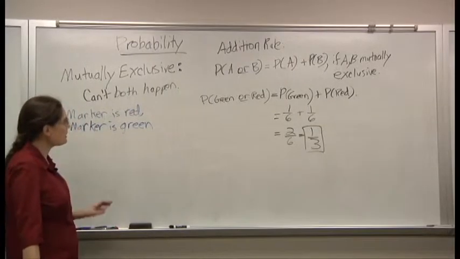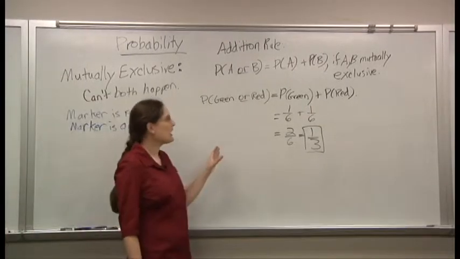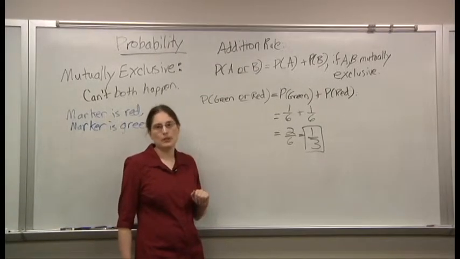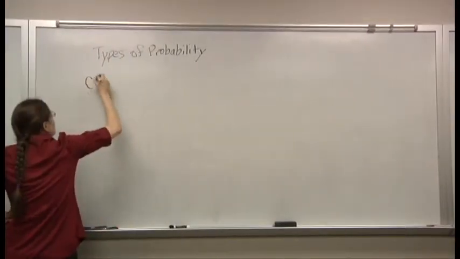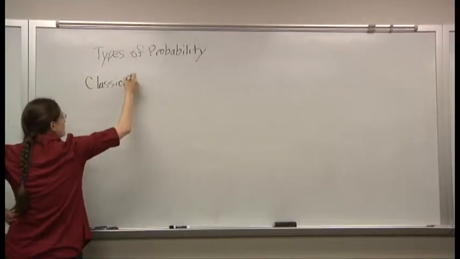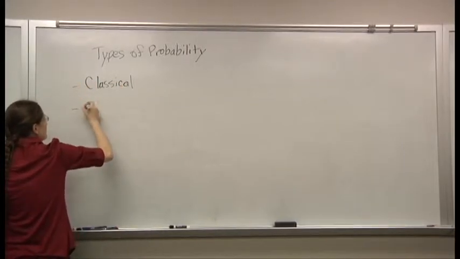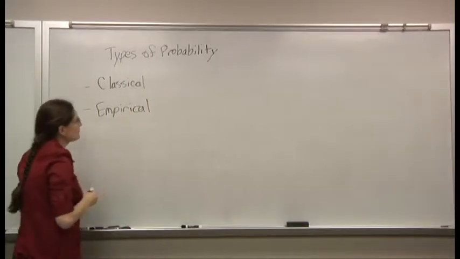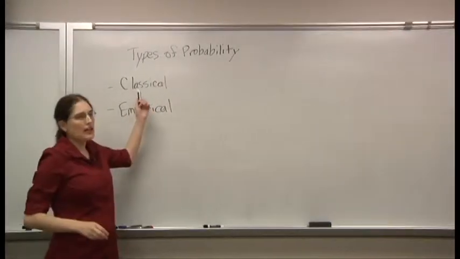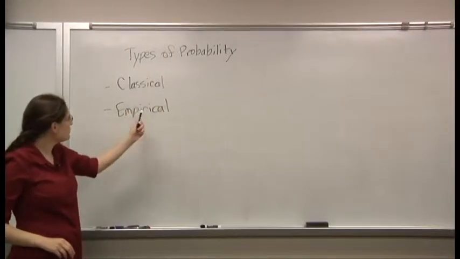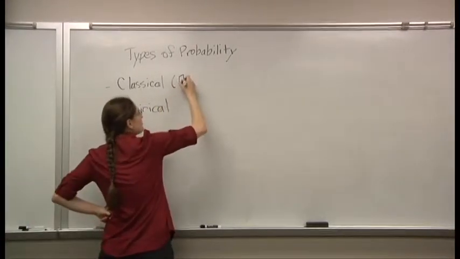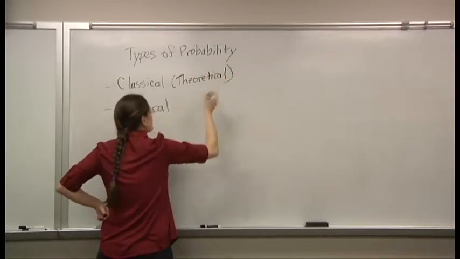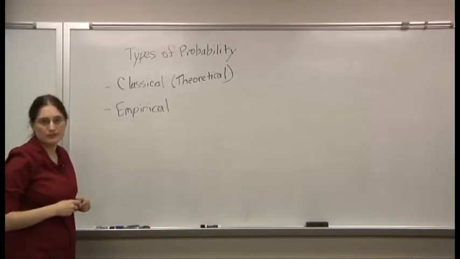Now, through all this, we've been looking at really two different types of probability. There are two major types of probability: classical, also called theoretical, and empirical.